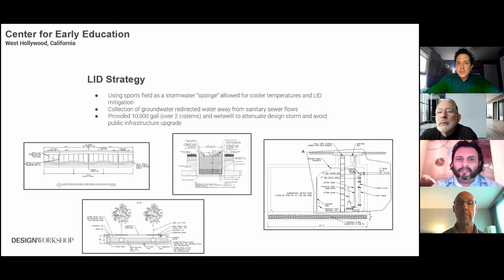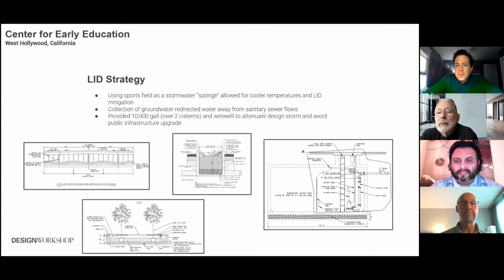The result is that it's not a one size fits all strategy, really tailoring the stormwater management to those opportunities that we find, to different parts of the site, right? So for example, in the case of the sports field, we were able to take advantage of the structural foam in gravel section below as a stormwater conduit.